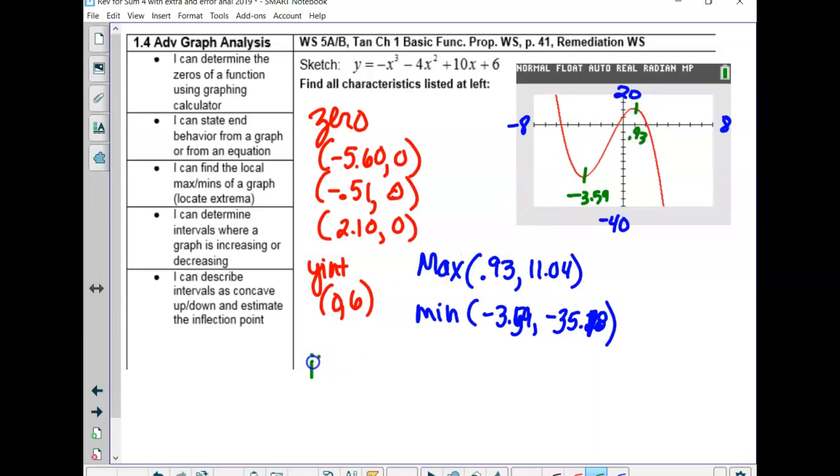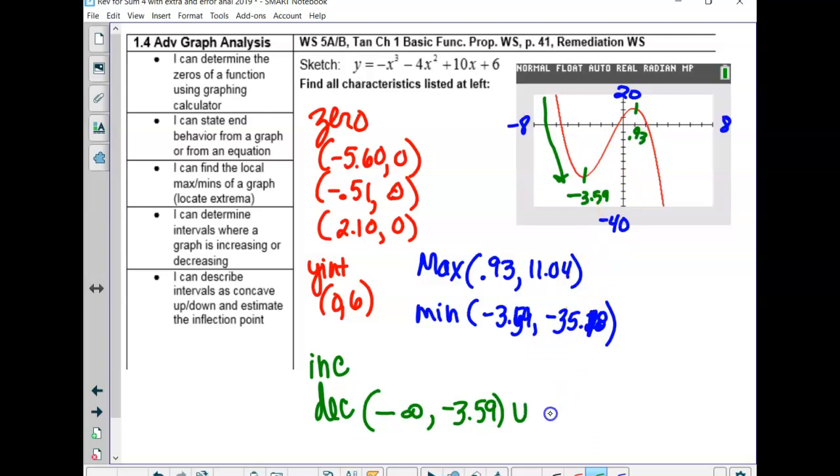So increasing or decreasing first? Coming from the left, it's going down. It is going down in Y values as long as X is coming from negative infinity until what X value? Okay. Is it decreasing anywhere else?